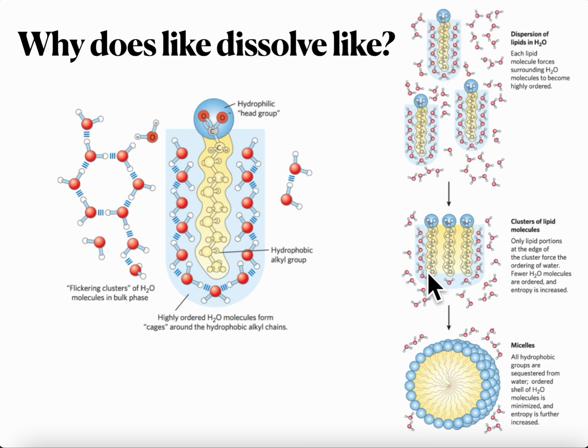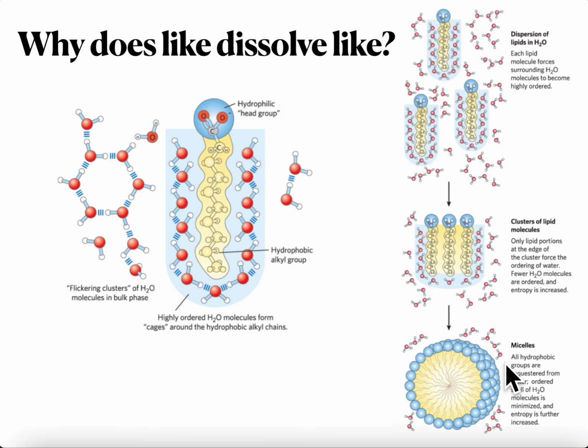Moving on, taking this a step further, the phospholipids will form a structure called micelles, and this structure will completely sequester all hydrophobic tails from water.